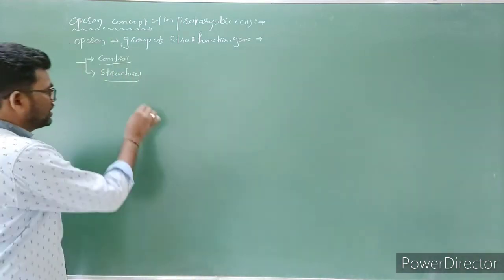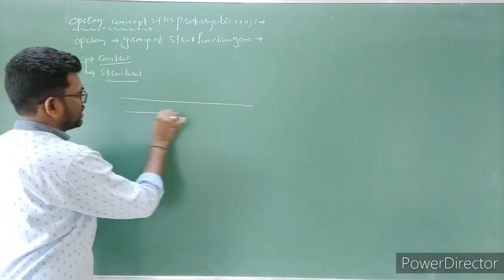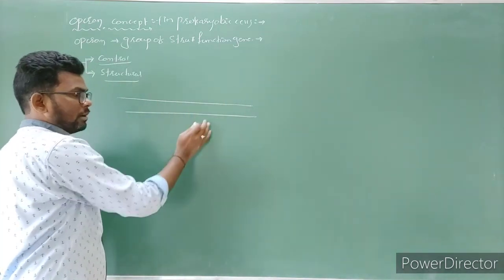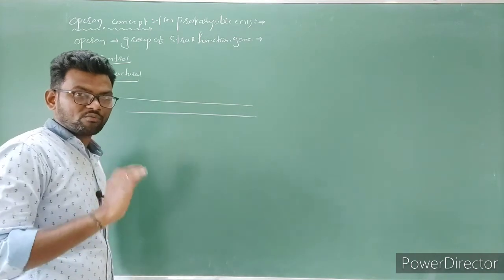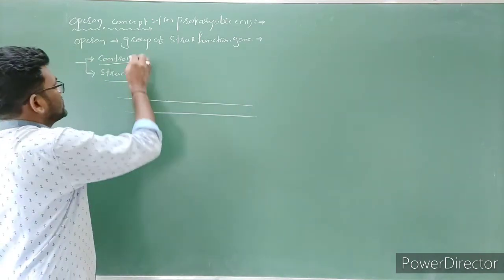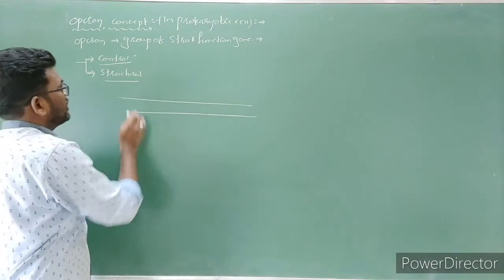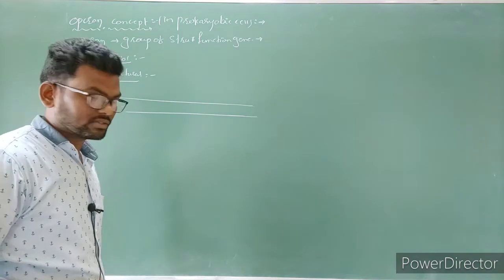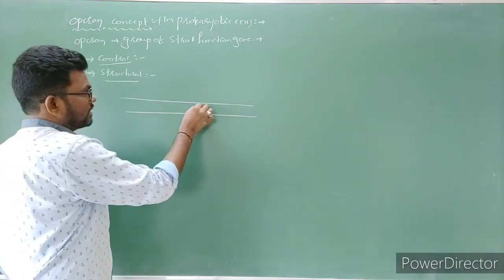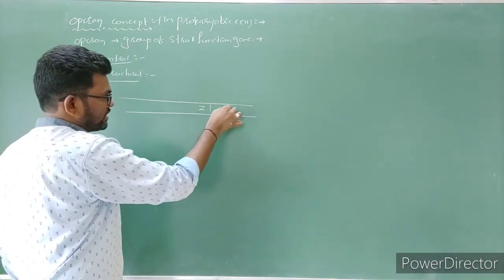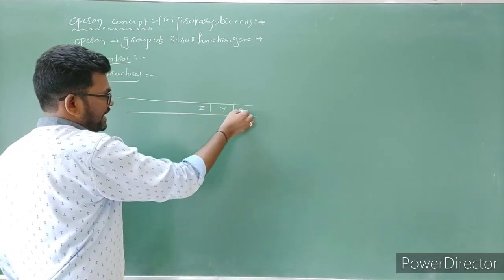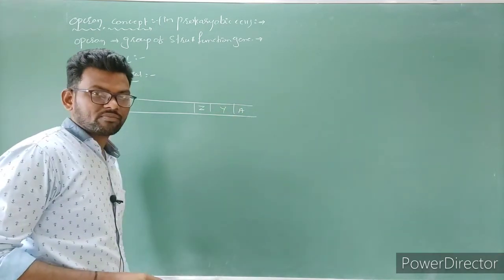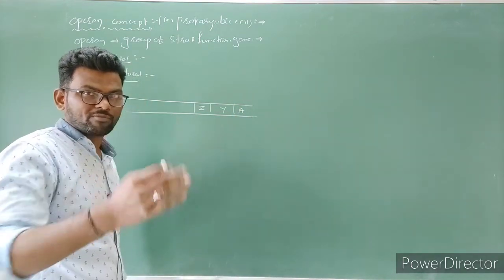Very simple, for example, here this is one DNA sequence. This complete sequence performs one function. Further we divide the operon into two kinds of genes: controlling genes and structural genes. Structural genes are the Z gene, Y gene and A gene. Z, Y, A genes are structural genes which code for special types of proteins.